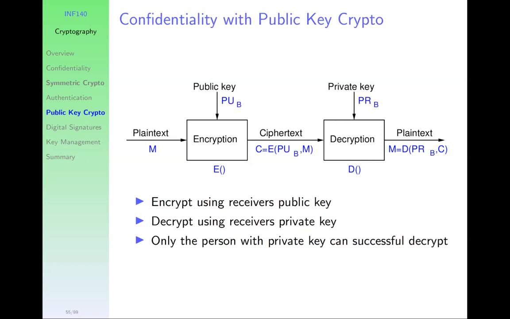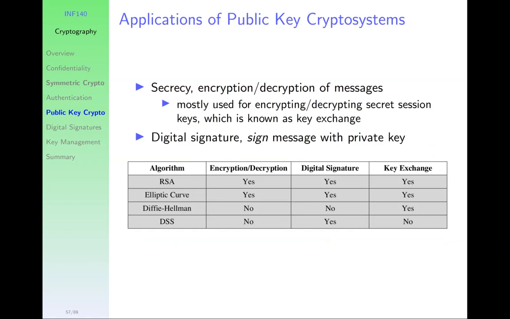These two figures are the core part of public key cryptography. And here we can skip these applications. Let me see. Yeah, these applications are a recap of the previous figure.